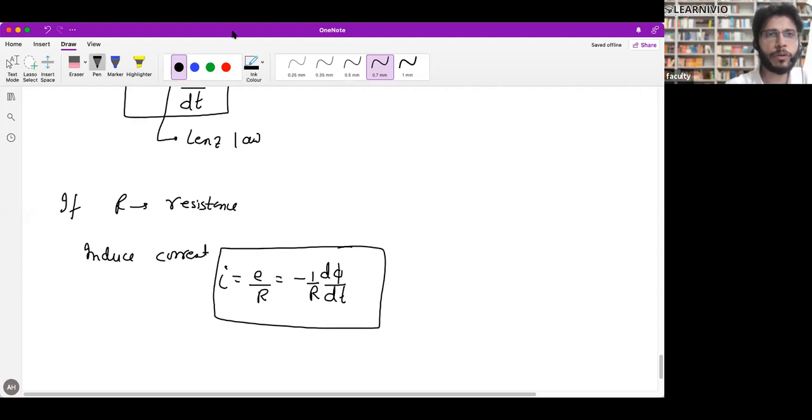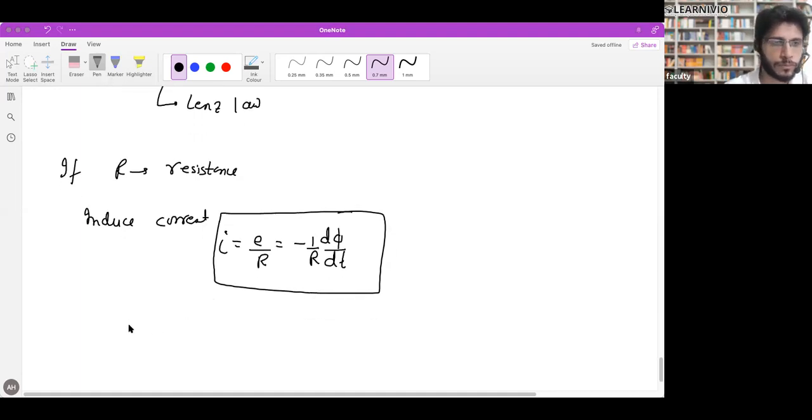Does anyone of you remember the relation between current and charge? Through this relation, can you calculate the change in charge flowing through the circuit? I is equal to Q by t. So you can write your I as dq over dt, which is minus 1 by R d phi over dt.